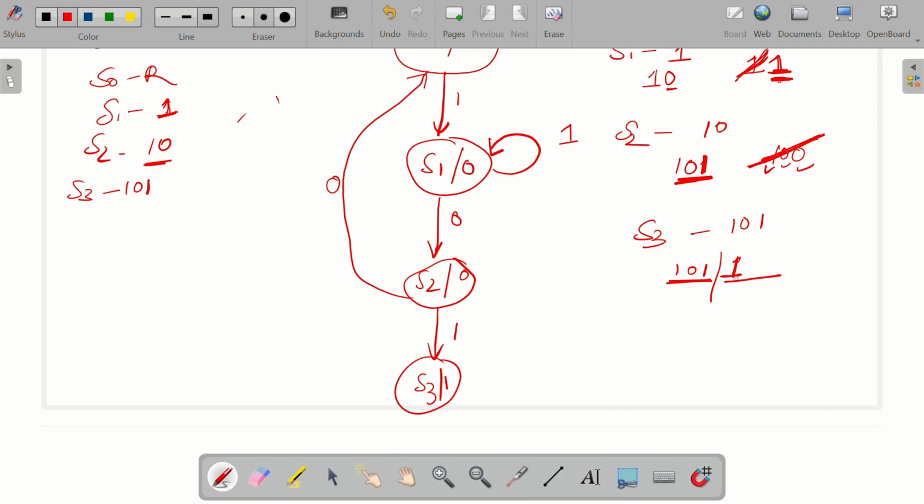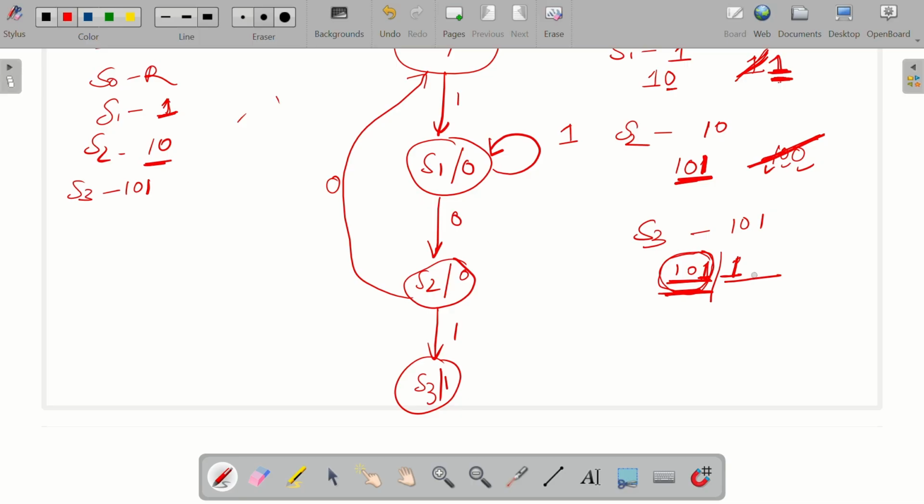But in our non-overlapping cases, we have seen that as soon as a sequence is detected, none of the bits from this sequence play any role in the second sequence detection. You just forget about the sequence once it is detected in case of non-overlapping. But in case of overlapping, you can leverage the last bit of your sequence to continue with a new sequence.